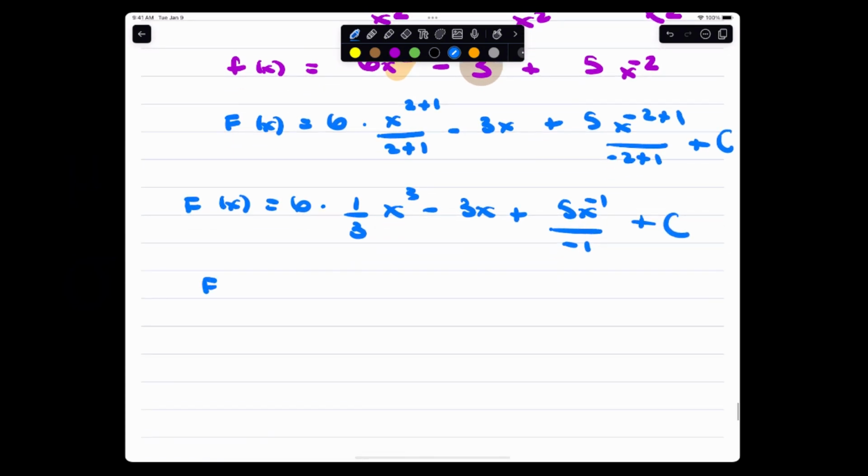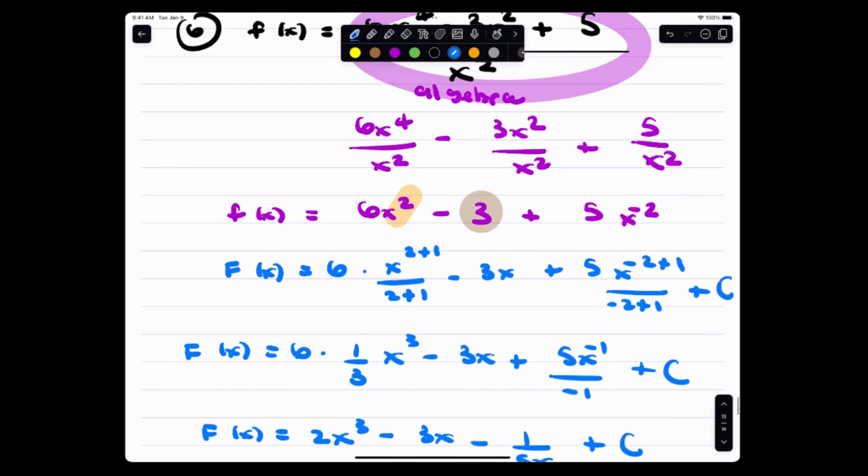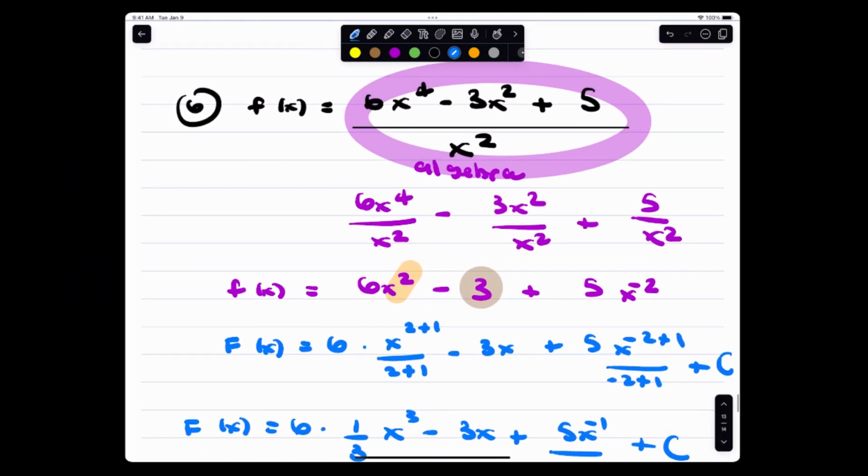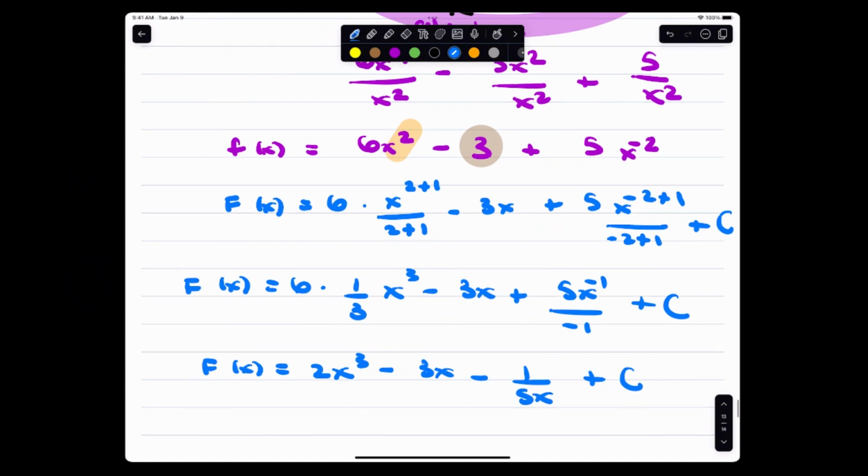And then finally, it looks like this is going to be 2x cubed minus 3x minus 1 over 5x plus c. So does anybody have any questions on this one here that we just did? We had to start it off with a little algebra. The 5 should not be down there. Good. All right. 5 over x. I apologize here.